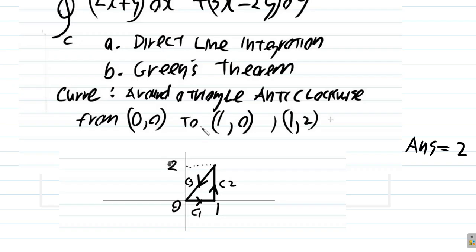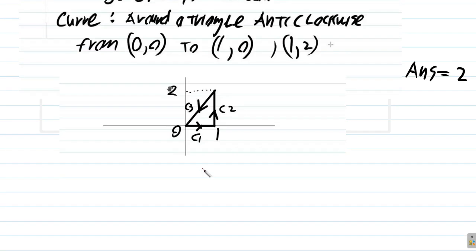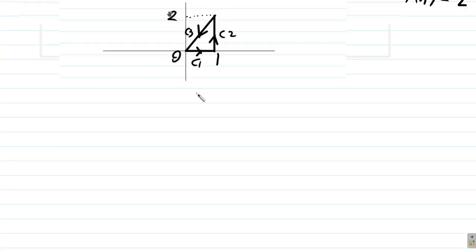All right, so here now, what we really found when we did the integration, if the vector field would move an object around the triangle this way, how much work it would actually do in moving if you have to use the forces in the vector field to move the object around this path, all right? But anyway, let's use Green's theorem to deal with this.